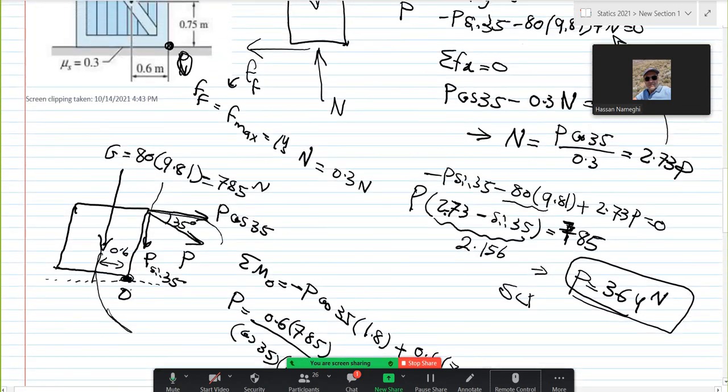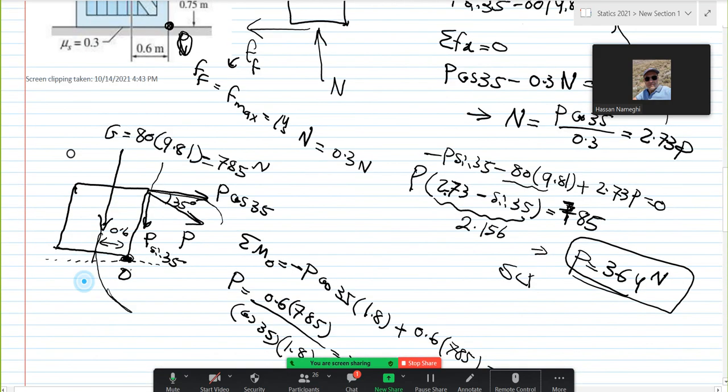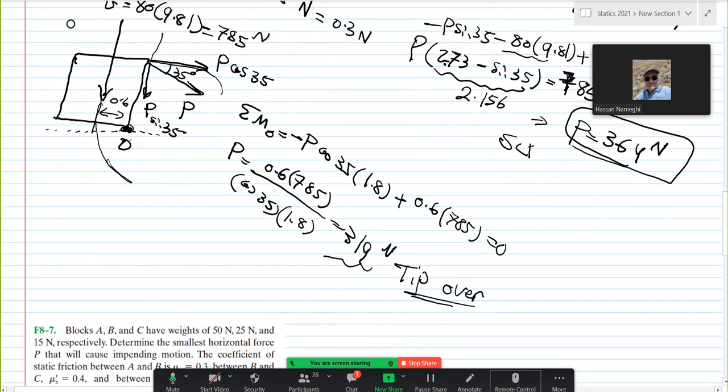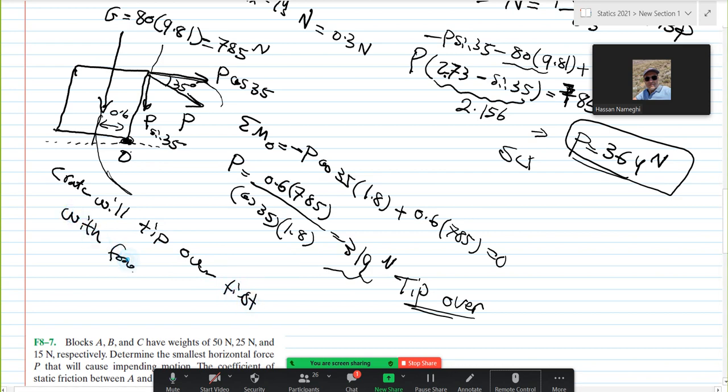If you look at the crate, it looks like a large crate, and you're applying the force to the top of it, so it will tip over. But I'm talking about this rationally. Based on our calculation, at the end, we got it for the tip over scenario. So you can say the block or crate will tip over first with a force of 319 Newton.